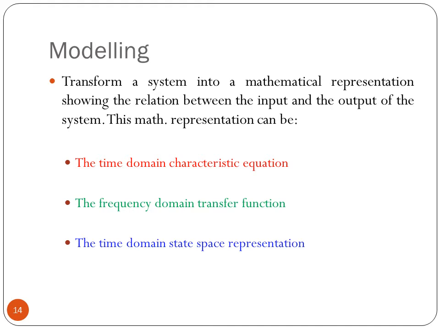We can also represent it in the frequency domain using the transfer function, the one we have presented earlier. So from the characteristic equation, we can apply the Laplace transform and get the frequency domain. And also we are able to present it using the state space representation that will be shown later on in this presentation.